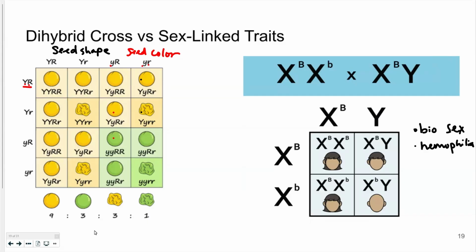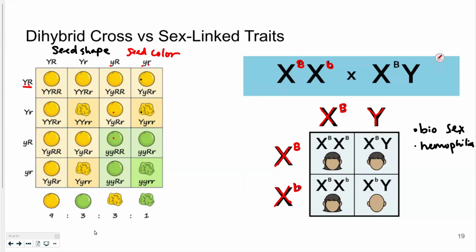Okay? So here's our biological father with an X chromosome and a Y chromosome. Here's biological mom with an X chromosome and an X chromosome. Okay, and we can sort out the alleles that mom has, big B and little b, by just having this extra piece of information being shown up here.